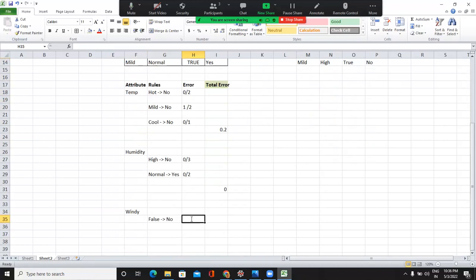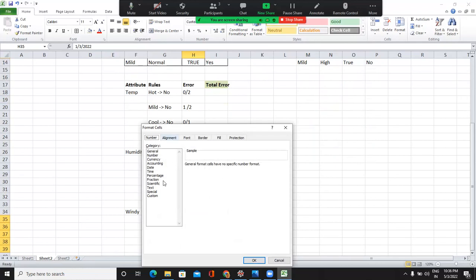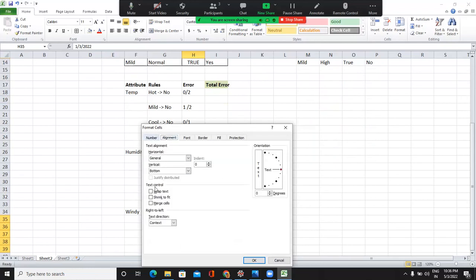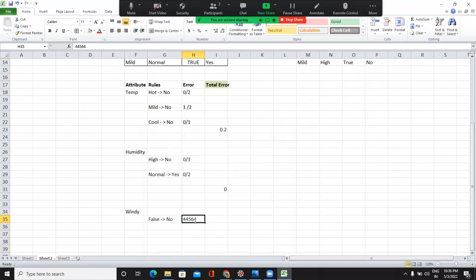So we'll be committing an error 1 by 3. Then what are the other possibilities in windy?